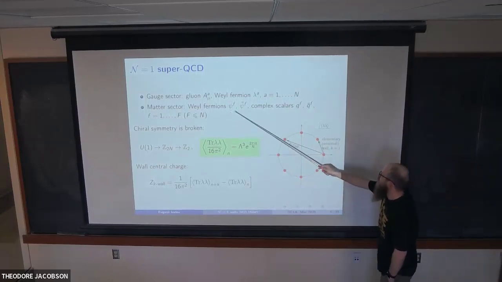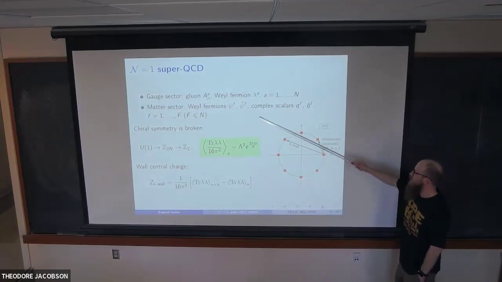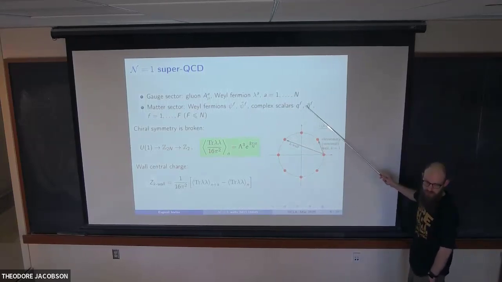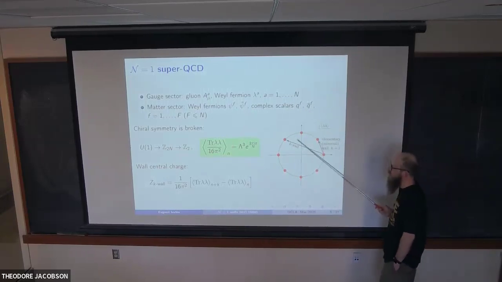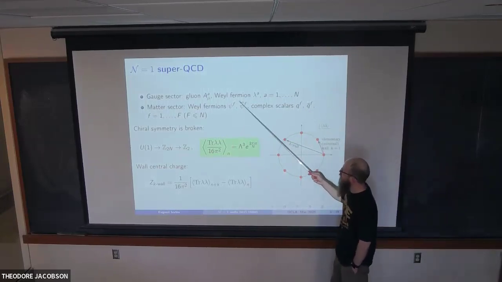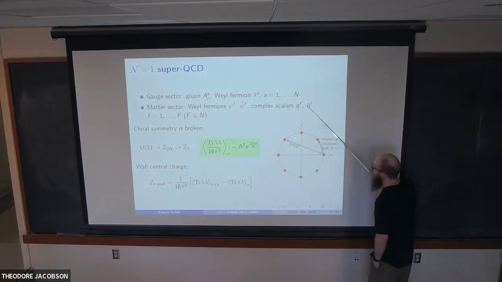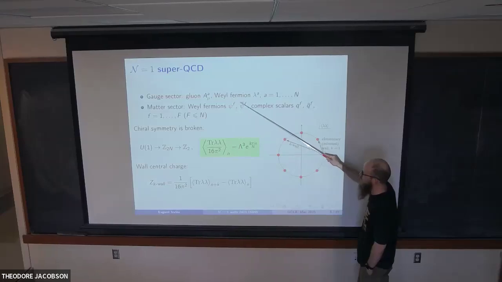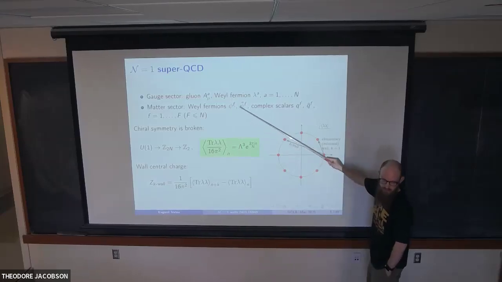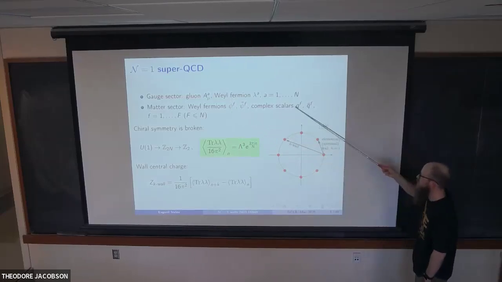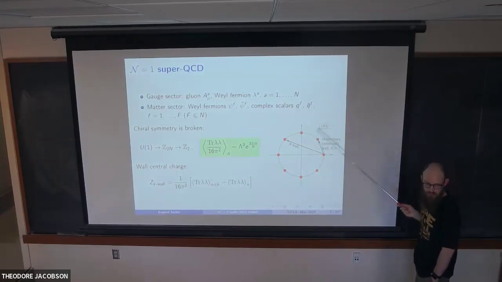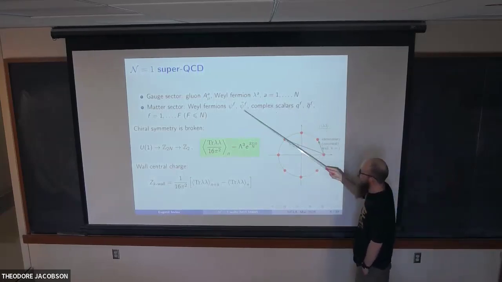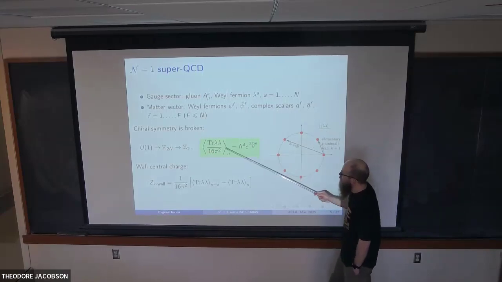Yeah, and for each Weyl fermion, you are required to add a complex scalar, which is a scalar quark. You have two complex scalars for each Dirac flavor of quarks, and this whole configuration is called one flavor.